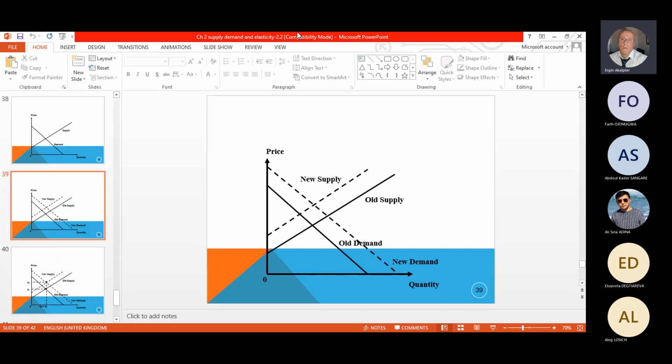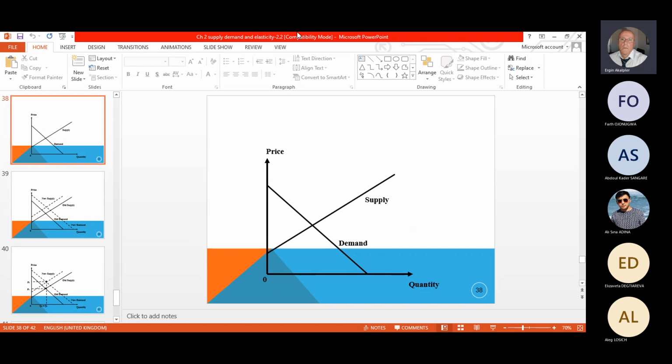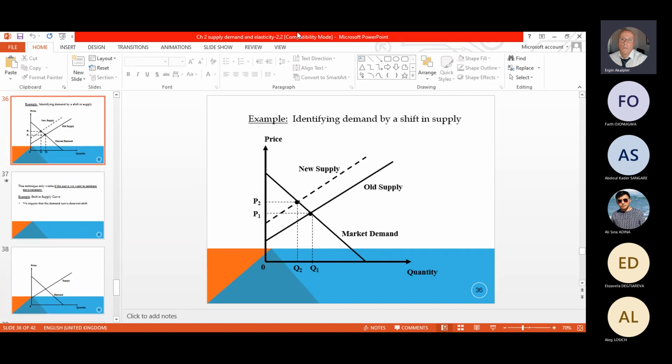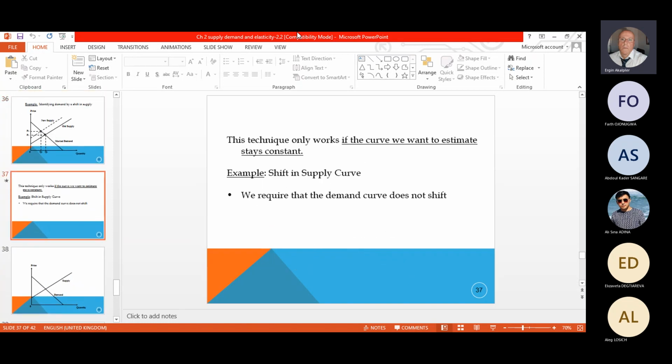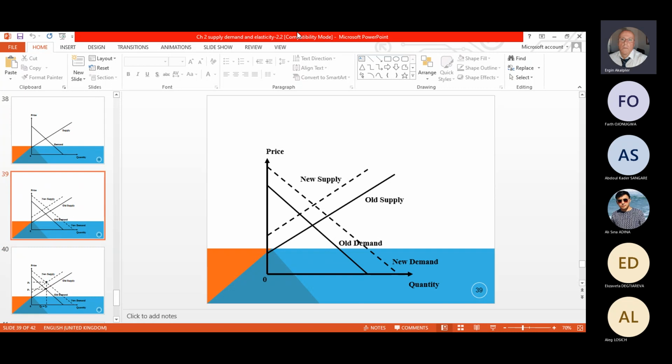Let's try it. As you see, if the demand curve is not changing, then the equilibrium price is shifted up. But it is on the same quantity. This is not changing the quantity demanded, because in the former example, as you see, the demand is reduced, but now, as mentioned here, it does not change.